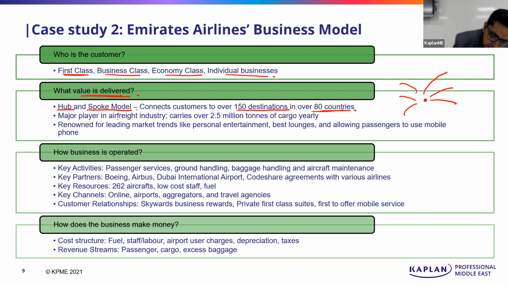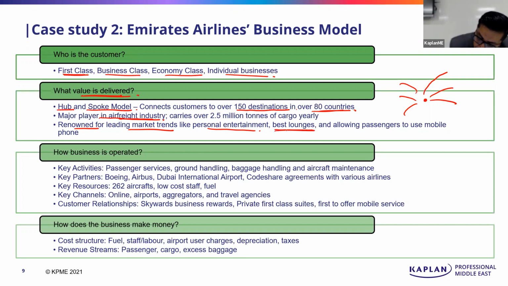What is the other value addition for the customer? It's a major player in the air freight industry because, again, with Dubai as a hub, there's tons of cargo that goes through Dubai. This is another value addition it gives to various businesses and customers across the world. It has also been renowned for leading market trends, such as the ICE personal entertainment, the videos you are able to see.